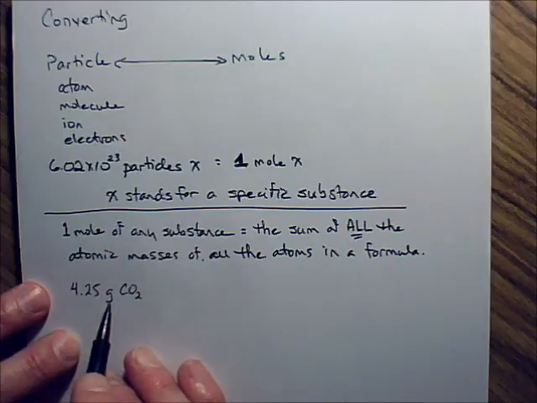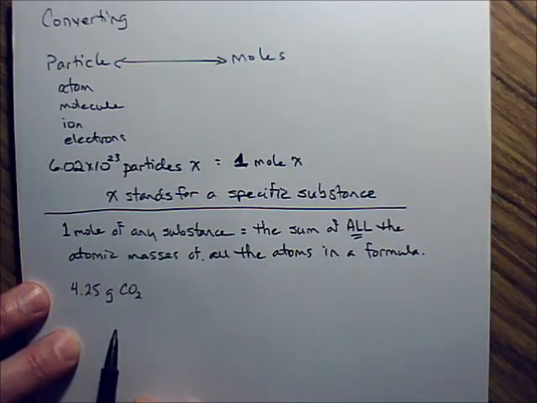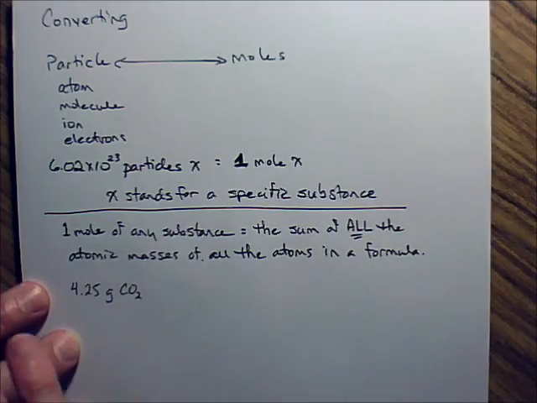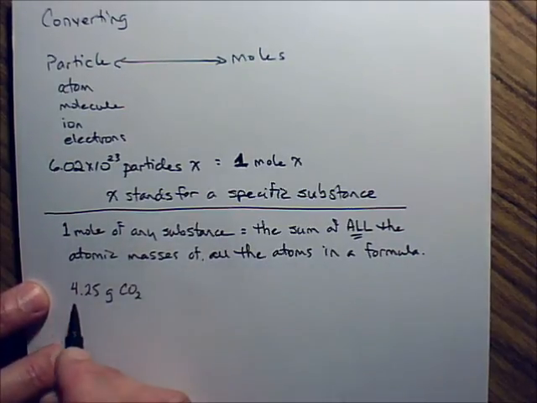Okay, I'm going to start with 4.25 grams of carbon dioxide and find out how many moles I have in that many grams. Okay? Well, let's see how it works. Let's use this relationship and put it together. This is going to be our starting amount. If it's our starting amount, what do we do with it mathematically? Put it over 1.